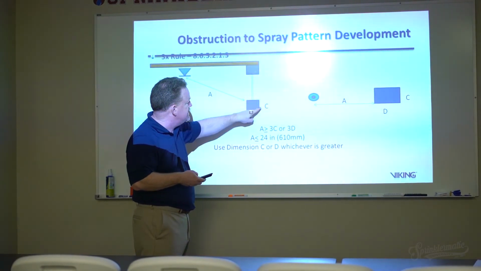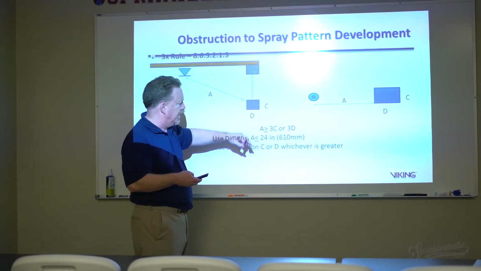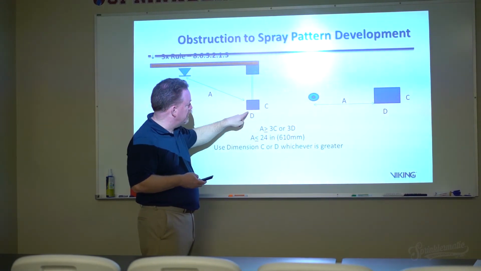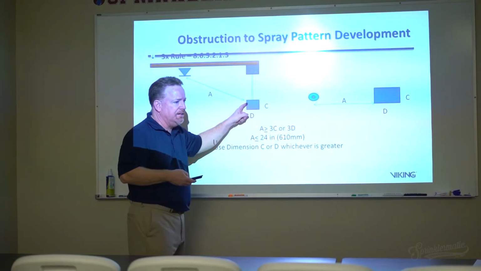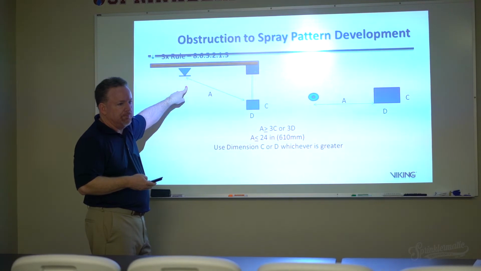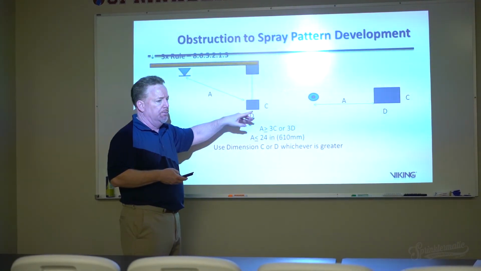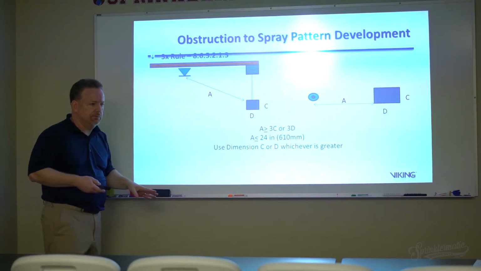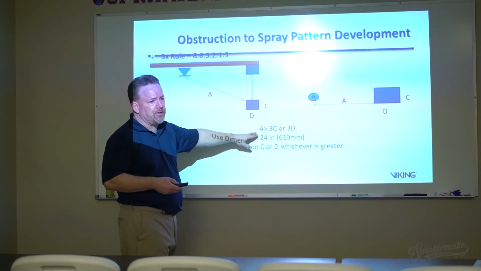We take a look at C and D, whichever is the greater dimension. We multiply that by 3, and that gives the distance A that the sprinkler needs to be away from this component, and we don't consider it an obstruction anymore. So use dimension C or D, whichever is greater.